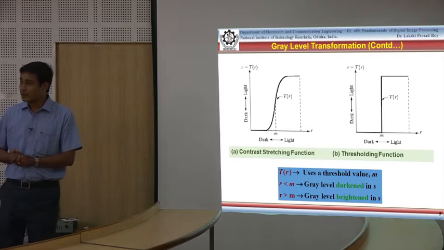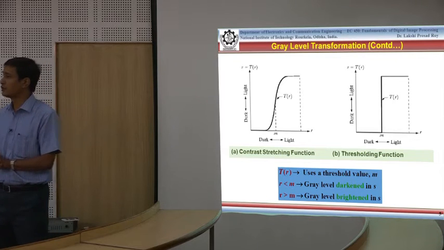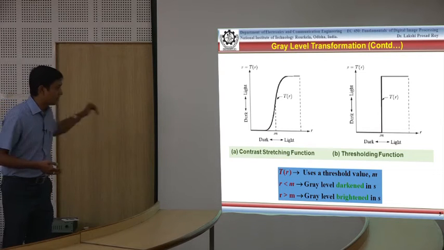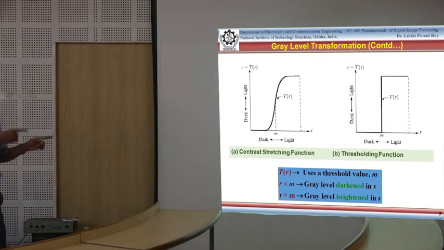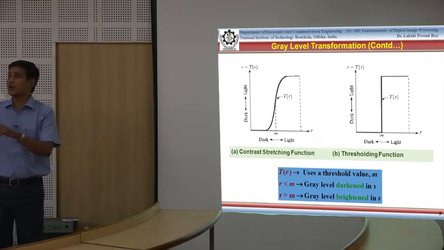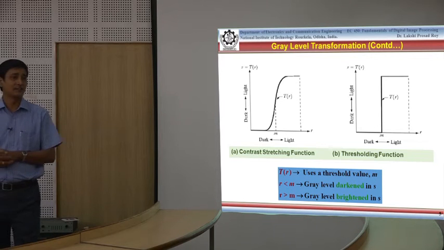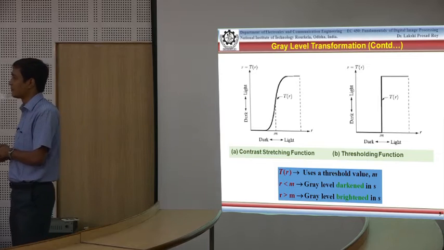Just like for bit depth 8, we had 256 levels which we defined as 0, 1, 2 up to 255. So, r will be varying from left to right from 0 to 255, where 255 is L minus 1 here. Now, say s is also varying from 0 to L minus 1. That means the output image you will get also will have intensity levels from 0 to 255, or a total of 256 levels.